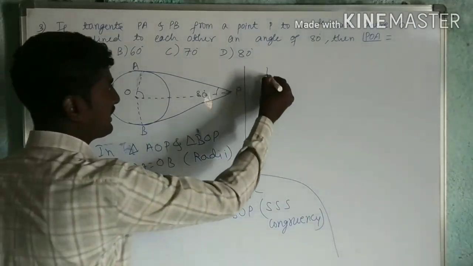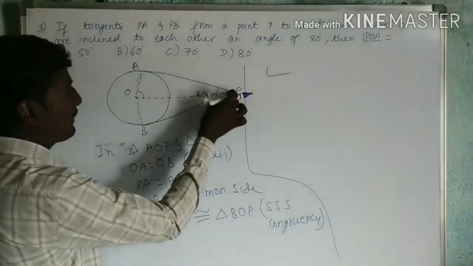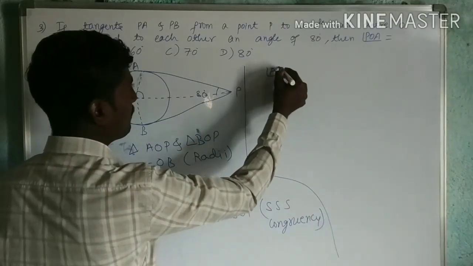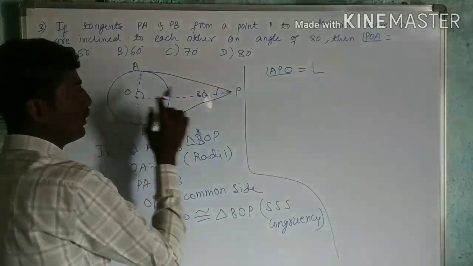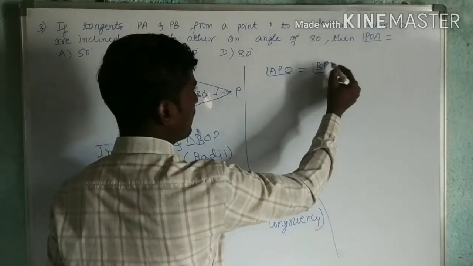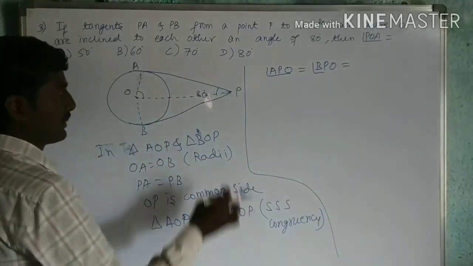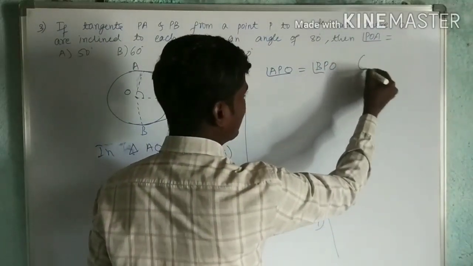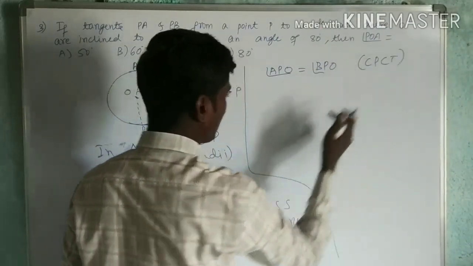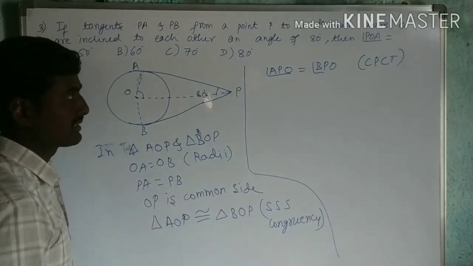So that I can write it as angle APO is equal to angle BPO. By CPCT rule, these two angles are equal because these two triangles are congruent.